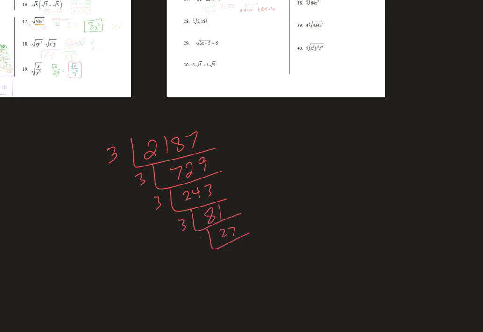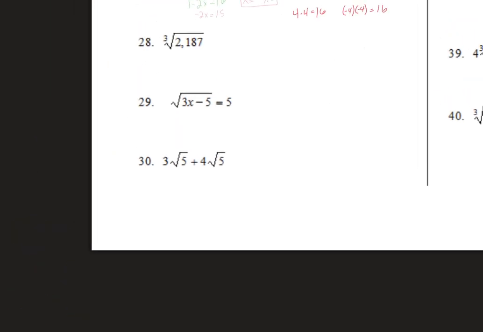That's 27 and 9 and 3 and 3. So check this out. This is 3 to the 1, 2, 3, 4, 5, 6, 7, 3 to the 7th power.